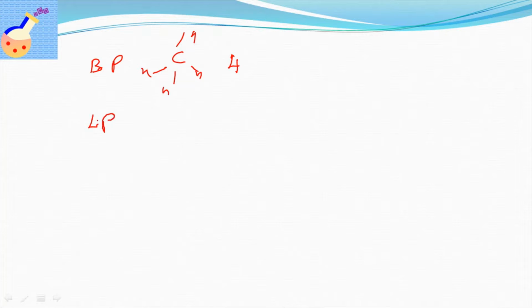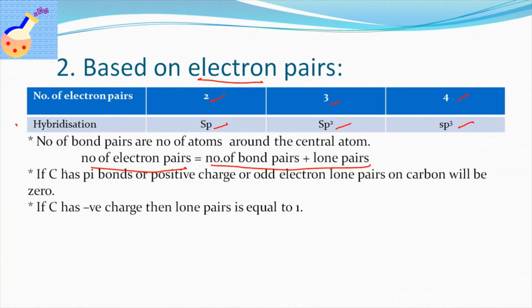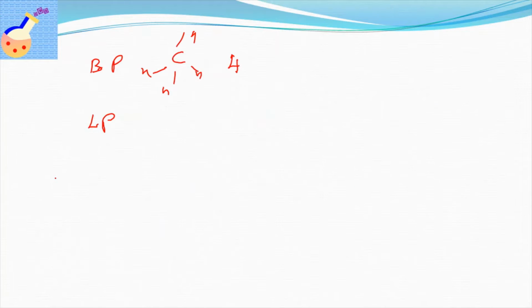And coming to the lone pairs, you have to remember 2 points here. First one, if carbon has a pi bond, positive charge or odd electron, lone pairs on the carbon will be 0. I think you got this point. In these 3 cases, the lone pairs will be 0.